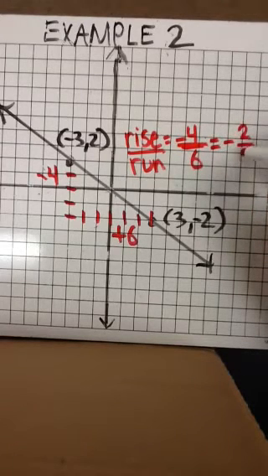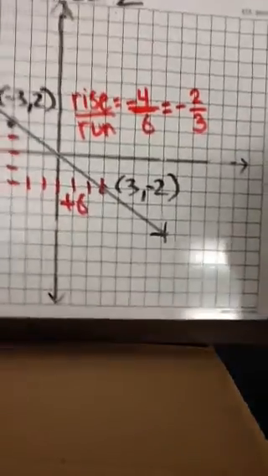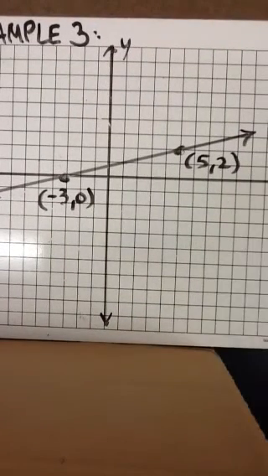We can divide out a 2 out of the numerator and denominator. The slope of this line is going to equal -2/3. Think you're getting the hang of it? All right, let's try example 3. Okay, go ahead and count the slope and see what you get.